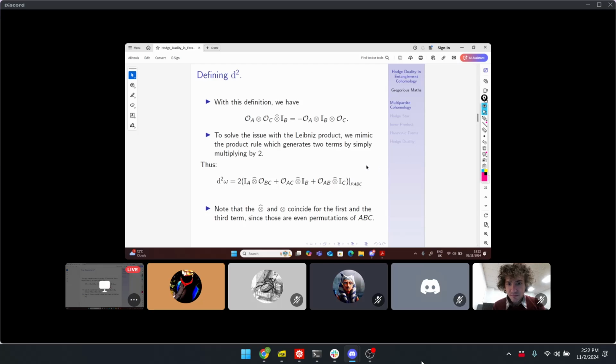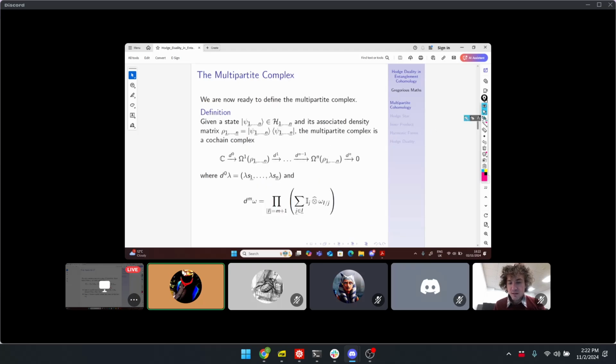So, now, with these new tools in hand, we can define cohomology in general for any n-partite space. If we're given some state on an n-partite Hilbert space and its associated density matrix, then we can define this multipartite chain complex where, again, D0 is acting exactly the same way as before, except n times.